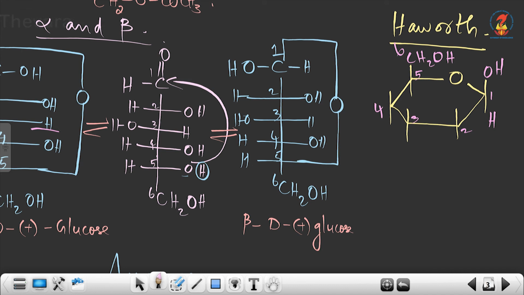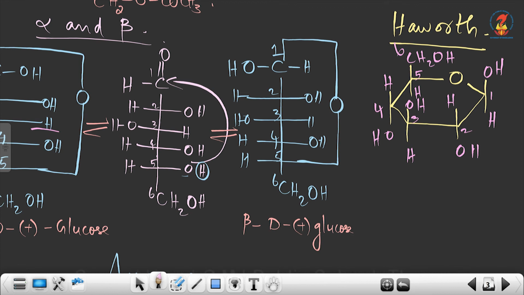The rest is all the same as our Haworth structure for alpha glucose. Look here and draw, those groups coming on the left side are written on the top. So H, OH, then OH, H, and here H, OH. And here we have one hydrogen. On the 5th carbon we have hydrogen, so that is also drawn.